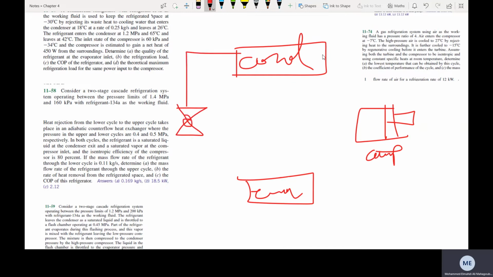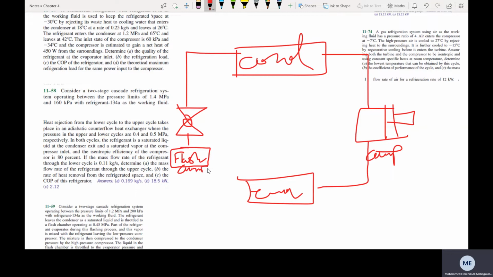So this is your typical vapor compression cycle. What happens here is that we take some extract from the throttling device to a device that we call the flash chamber. The flash chamber is just like a mixing chamber.